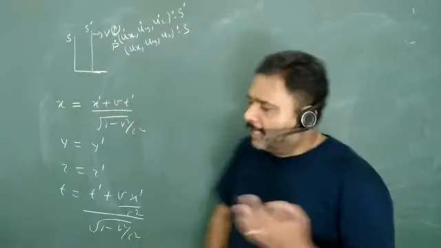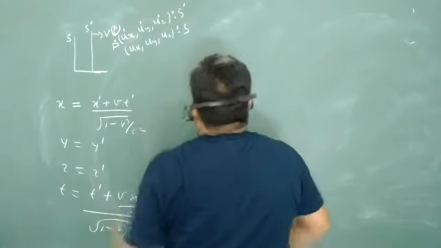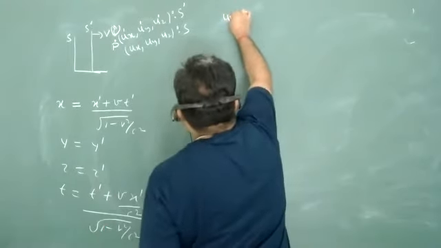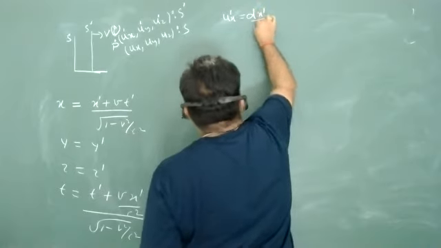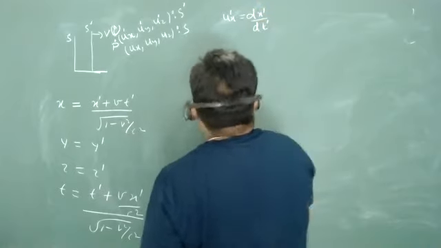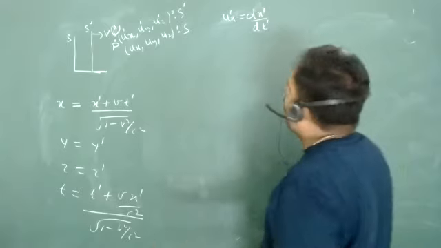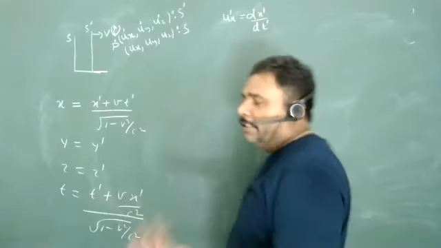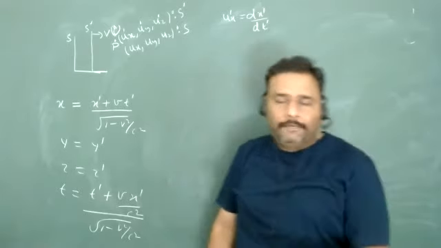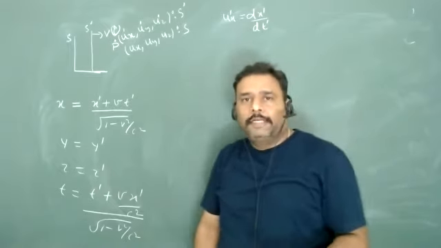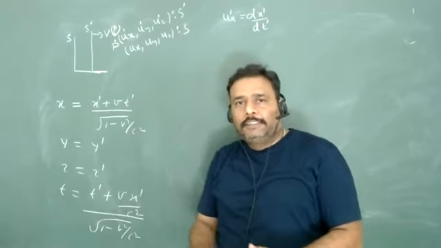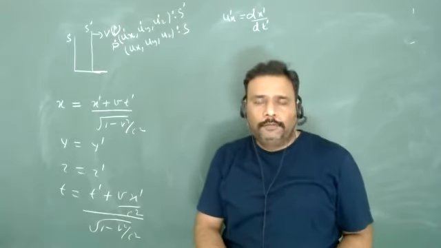If I define ux dash, what can I say? ux dash is nothing but dx dash upon dt dash. Isn't it? Because time is not universally the same from each and every reference frame. According to Lorentz, time behaves just like a space part.